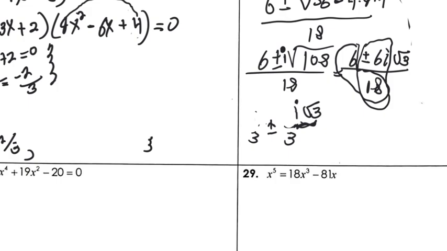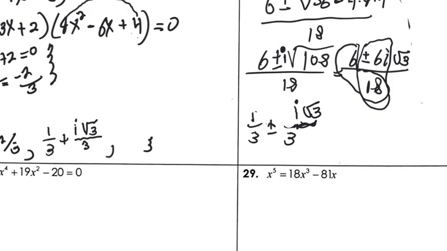So I got 1/3 plus i square roots of 3. Or square root of 3i. I can do it any way I really want. Square root of 3i over 3 again.